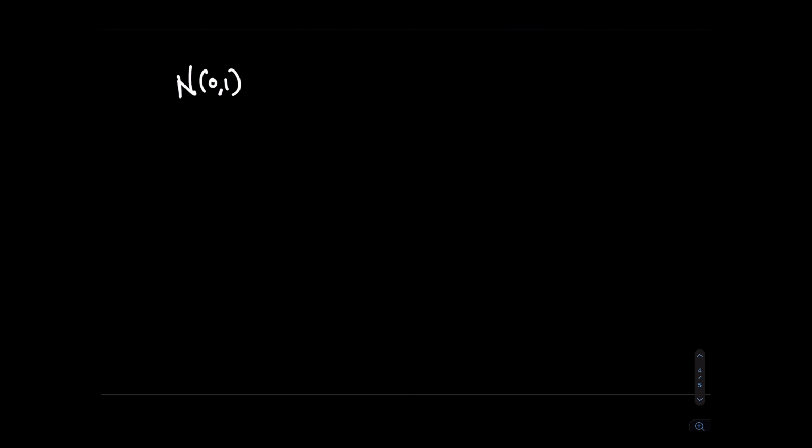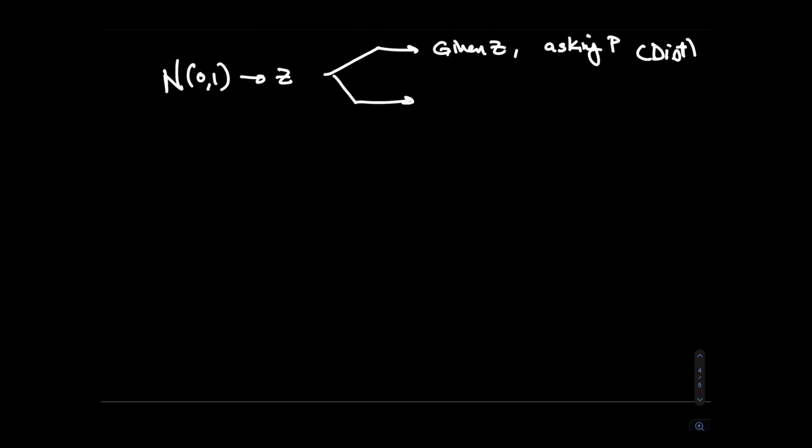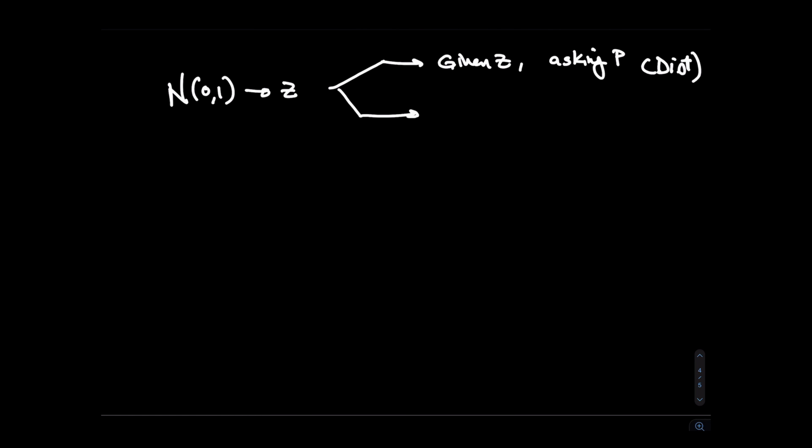So one more time, N(0,1) standard normal distribution is in terms of z's, and you'll have two questions associated with it. The forward question, which means I've given you z, and I'm asking you for p. That's a forward problem, and on Excel we call that the dist command, D-I-S-T, and you've seen how the command has dist in it, norm.dist. And the second scenario would be given p, find z, and that's the inverse problem for a standard normal distribution.